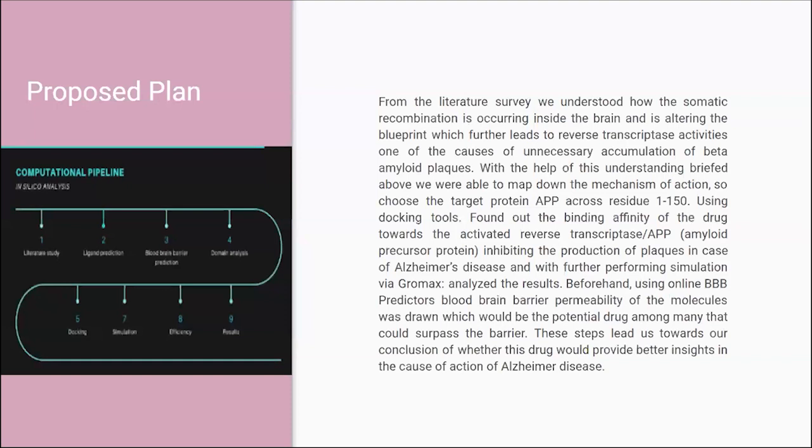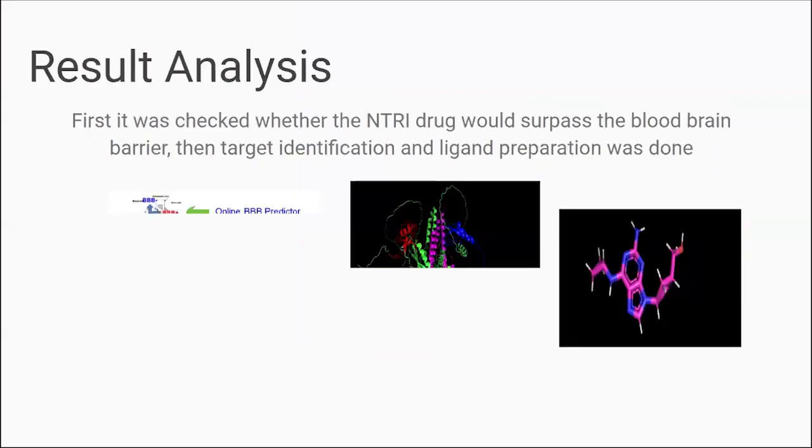Beforehand, we also used an online BBB predictor, through which the blood-brain barrier permeability of the molecule was drawn, and we found out which would be a potential drug among many that could surpass the barrier. These steps led us towards our conclusion of whether this drug would provide better insights into the cause of action of Alzheimer's disease or not.